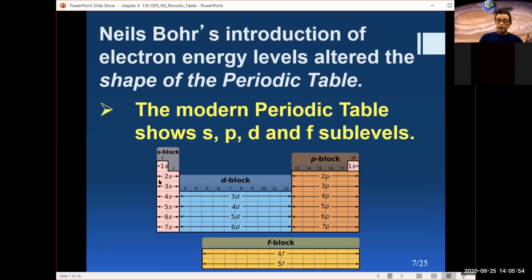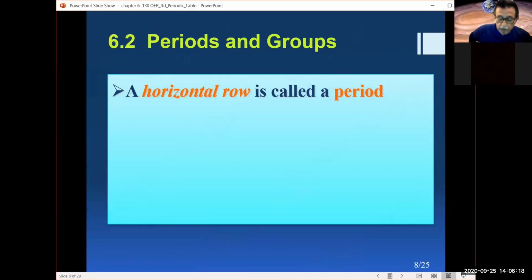Notice the numbering, 2s, 3s, and so on and so forth, and you get into the P block and the D block, and so forth. So the periodic table is very useful as far as being able to quickly write out the electron configuration for any of the elements without having to memorize the sequence that you saw on that table that I gave way back when.